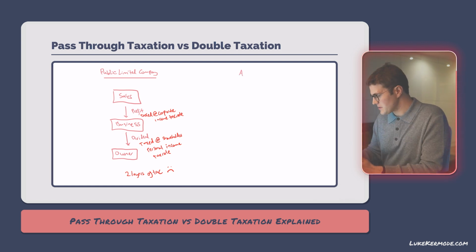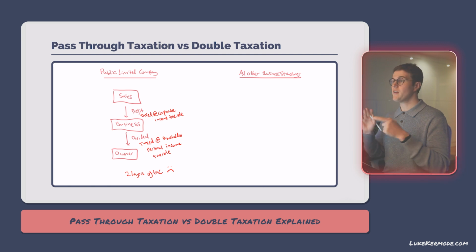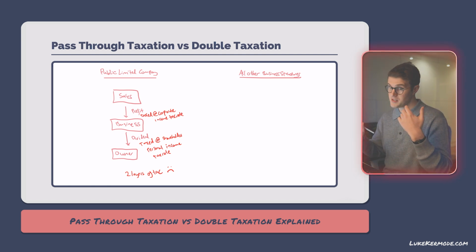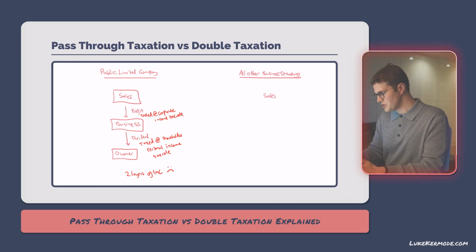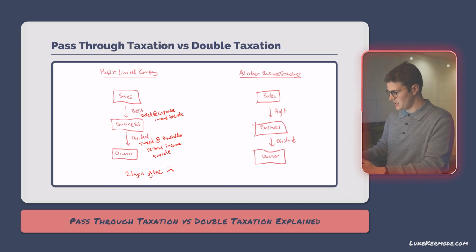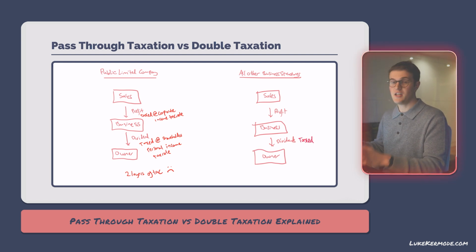Whereas all other business structures we look at in the curriculum, so this is not just private limited companies, this is partnerships, so general partnerships, limited partnerships, limited liability partnerships, and sole proprietorships, all follow pass-through taxation. Sales are generated, and profits are distributed out to the owners. It follows the exact same business model as the public limited company. And the distributions out of the profit are taxed, again, at the personal income tax rate of the owner.